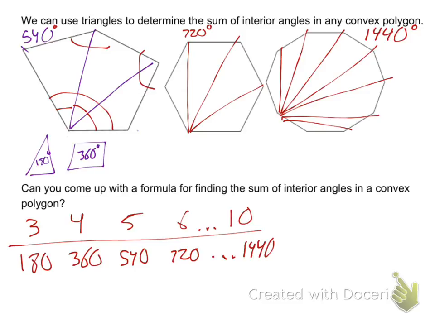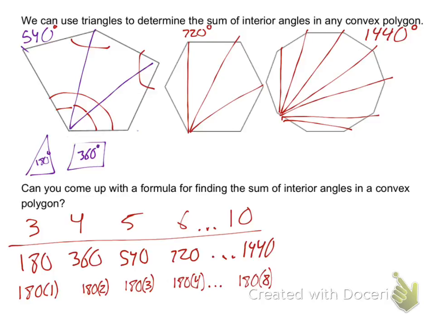So this is 180 times 1, this is 180 times 2, 180 times 3, 180 times what?